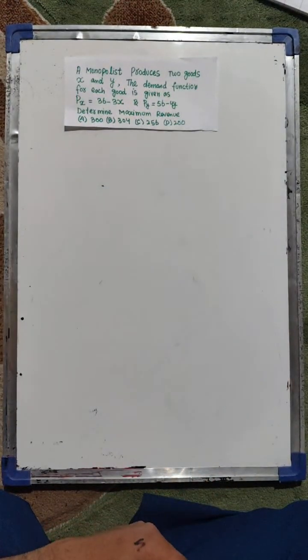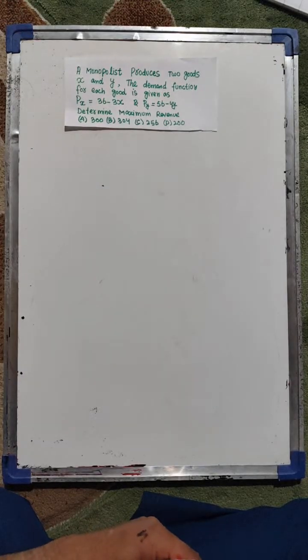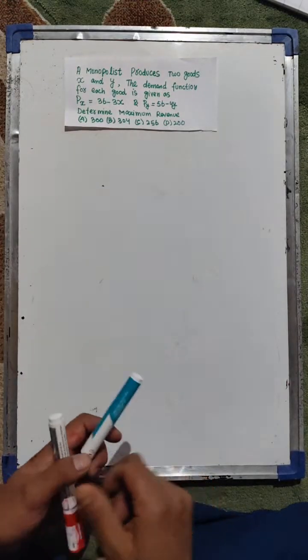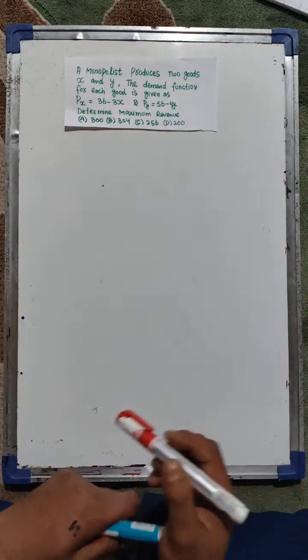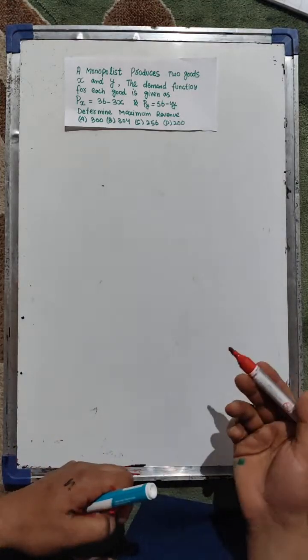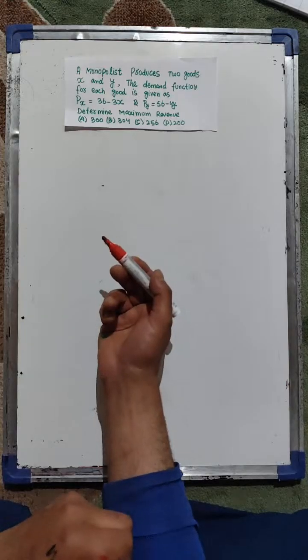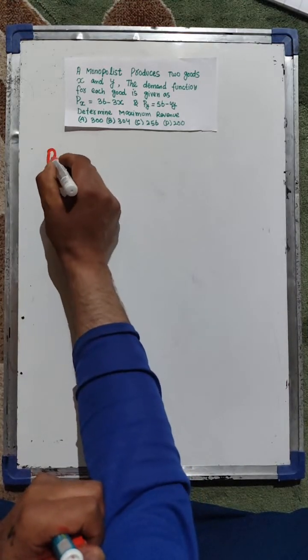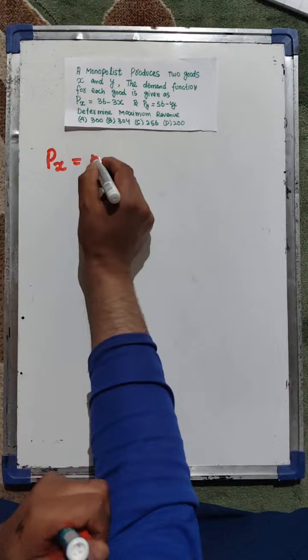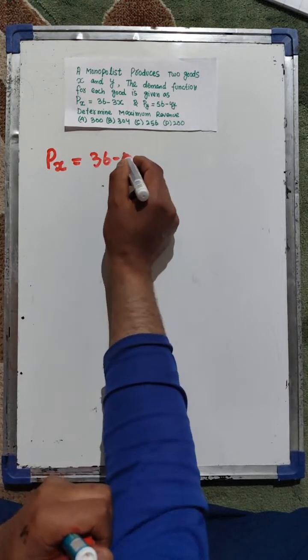So the question is, we have a monopolist which faces two demand functions for two goods. So we have the demand function, that is price of good X is equal to 36 minus 3X.